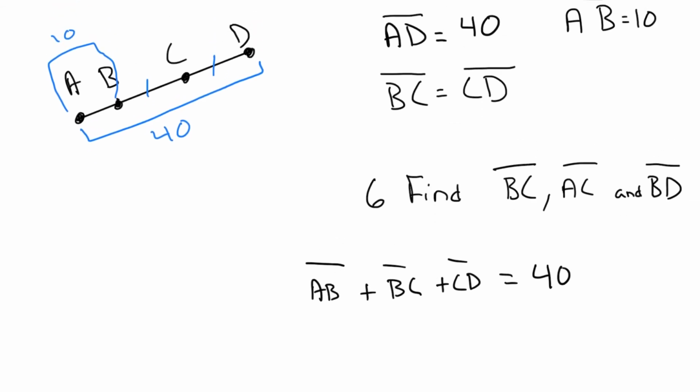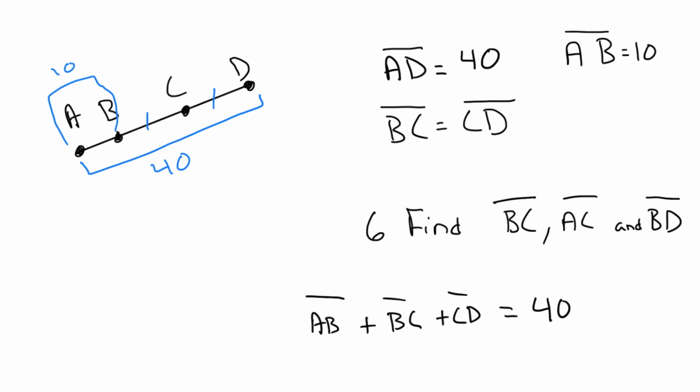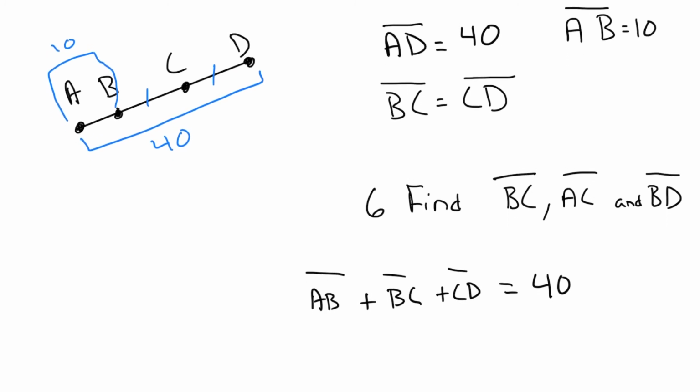Now we can also minimize this because we know that BC and CD are congruent, which means that they are equivalent. So we can actually write AB plus 2 BCs is equal to 40. We can write 2 BCs because BC is equal to CD.